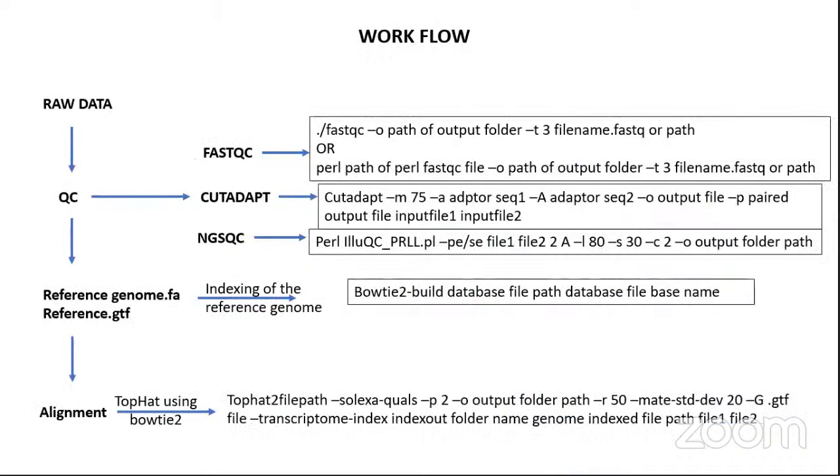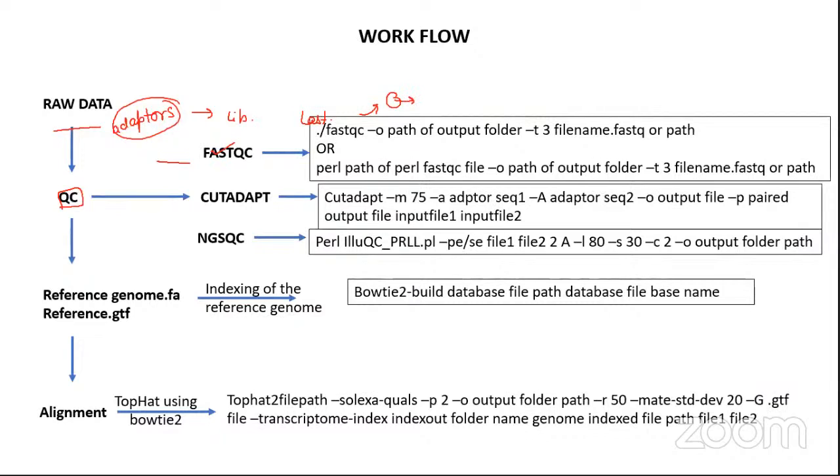There are different tools which I have shown here. So we have raw data. Using FastQC, we can do the QC of the raw data. Once we have the QC file, we know whether the adapters are there or not. As I mentioned in my previous slides, during library preparation, at the last step, we can remove the adapters.